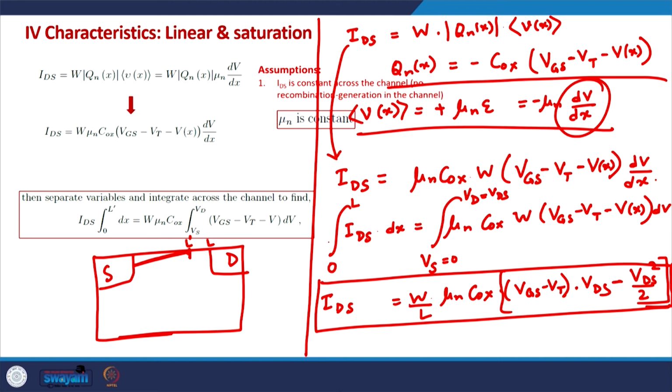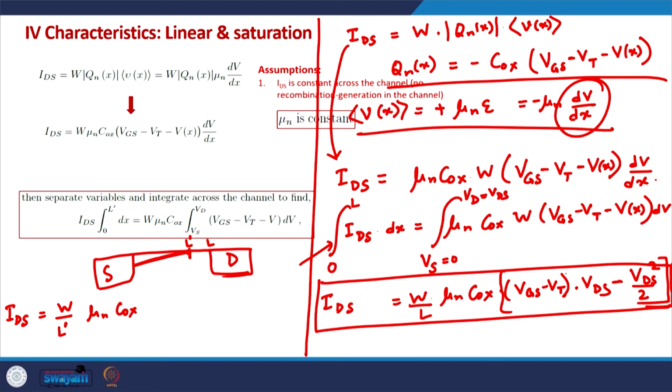And if we integrate this equation from 0 to L prime only, this will be IDS times IDS will be equal to W by L prime. On the right hand side the limits will be from 0 to VGS minus VT. So, it will be mu n Cox, VDS needs to be put as VGS minus VT.